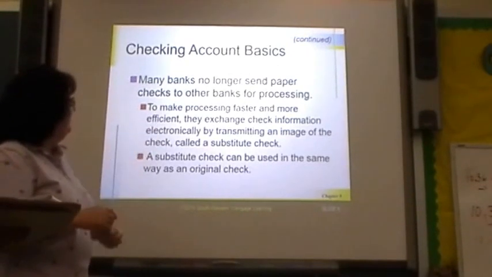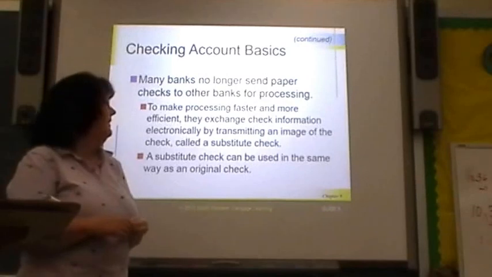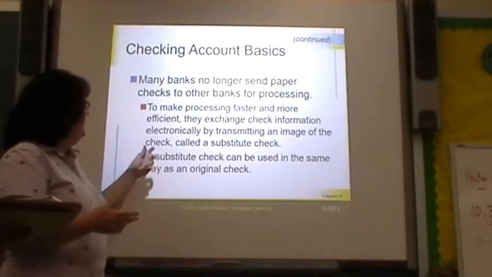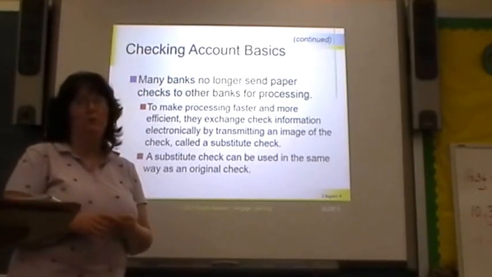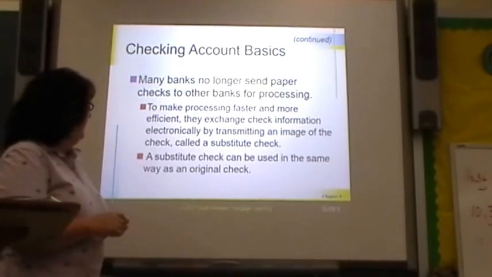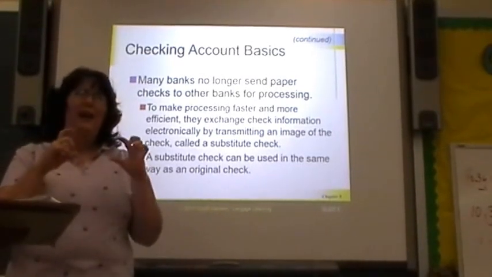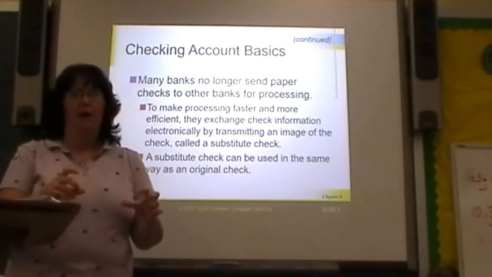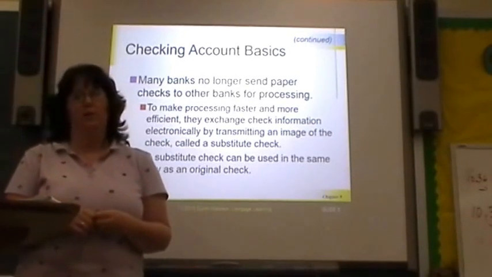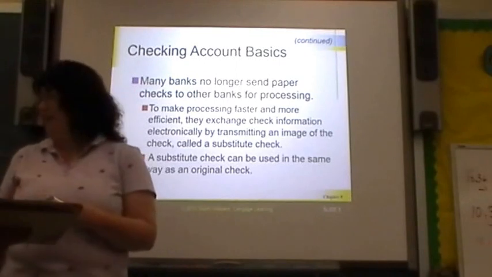To make processing faster and more efficient, they exchange check information electronically by transmitting an image of the check called a substitute check. A substitute check can be used in the same way as an original check. And for a substitute check, you would get a photocopy of it back in your check register at the end of the month. So that's how that works.